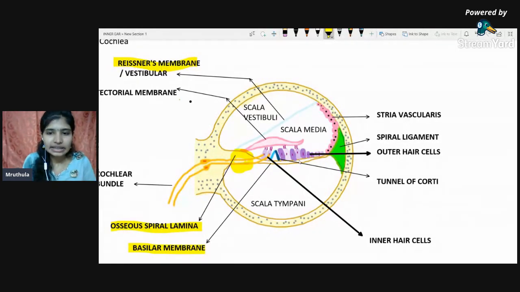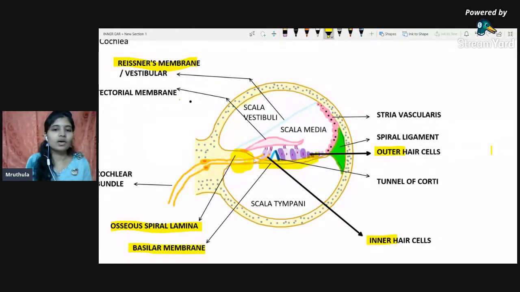What are hair cells? These are cells which can show some response with respect to vibration or some movement of the basilar membrane. Okay, so there are two types of hair cells. We have outer and inner hair cells, right? So there is a movement of the hair cells with respect to the movement of the basilar membrane.